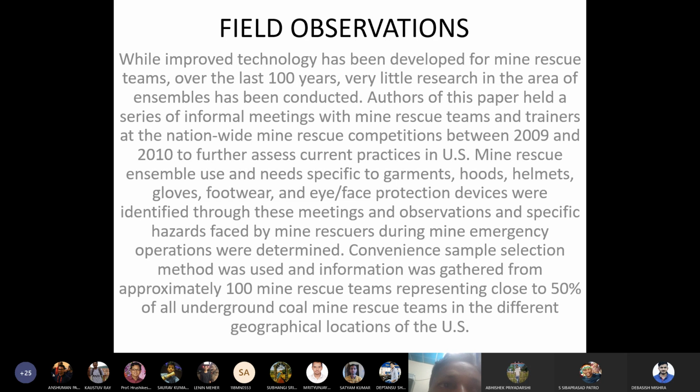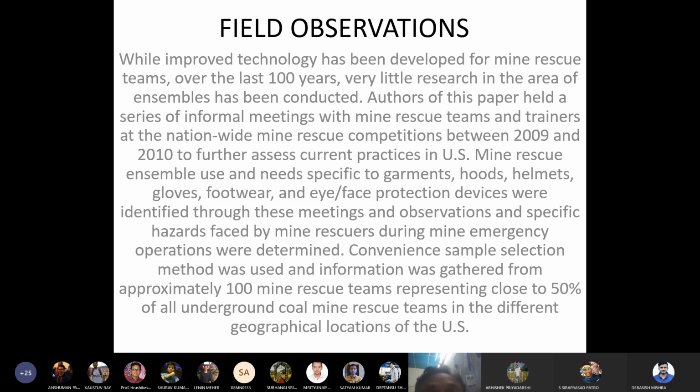So the mine rescue equipment use and needs specific to what is worn by the mine rescue team members, such as hoods, helmets, gloves, footwear, gumboots, and eye and face protection devices, were identified through these meetings and observations, and specific hazards faced by mine rescuers during mine emergency operations were determined.